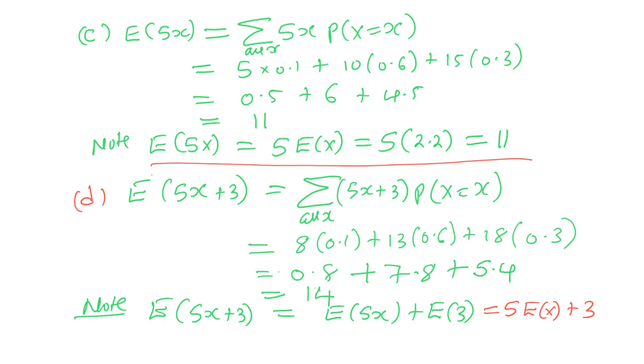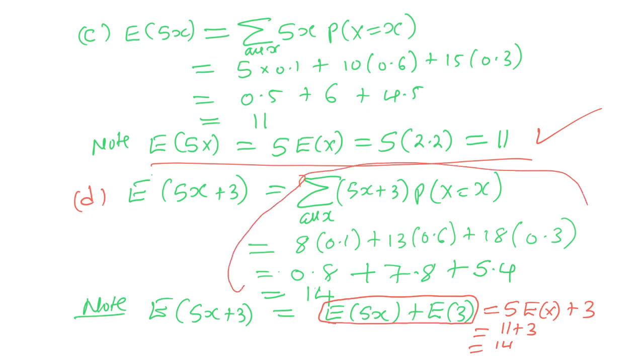From here we can say E of 5x is equal to 11, and 11 plus 3 is the same thing as 14. We can get it by just breaking it into this step here, and after we make use of the expectation, substitute, and have the answer. Instead of going through all this lengthy calculation you are seeing here, we can just forego everything and jump to this step directly. Just feed in, and end up with the answer.